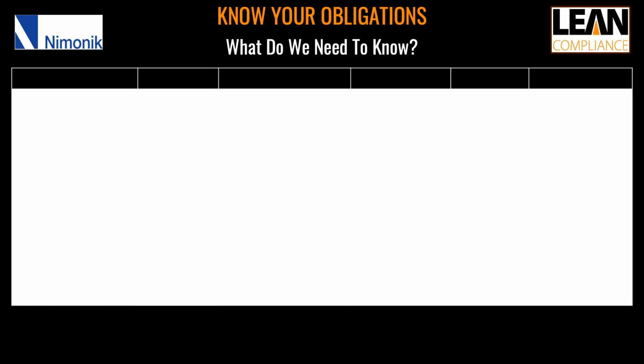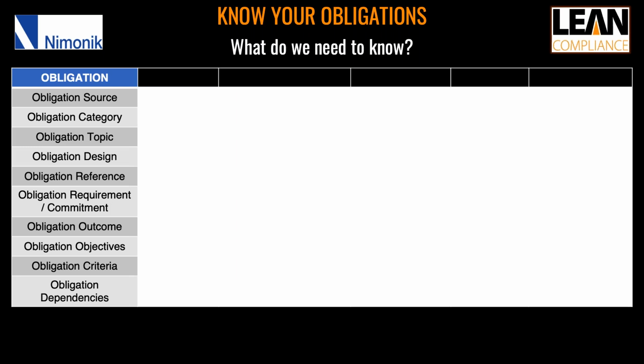so here we are. Let's sum it up. Let's pull it all together. And let's see if we've answered Carl's question. What do we need to know? Well, we need to know certain parts about the obligation. We need to know its source, its category, the topic, the area of concern that it's trying to address, the particular regulatory or compliance design that's used.